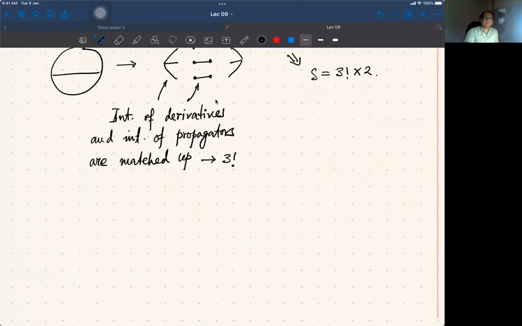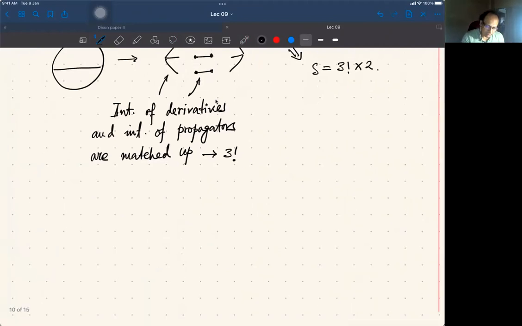You can use the same method for getting the result S equal to 2 for the first diagram that we evaluated, which is this one. Again, the method says that you separate out the vertices and the propagators. And of course, here only one vertex.